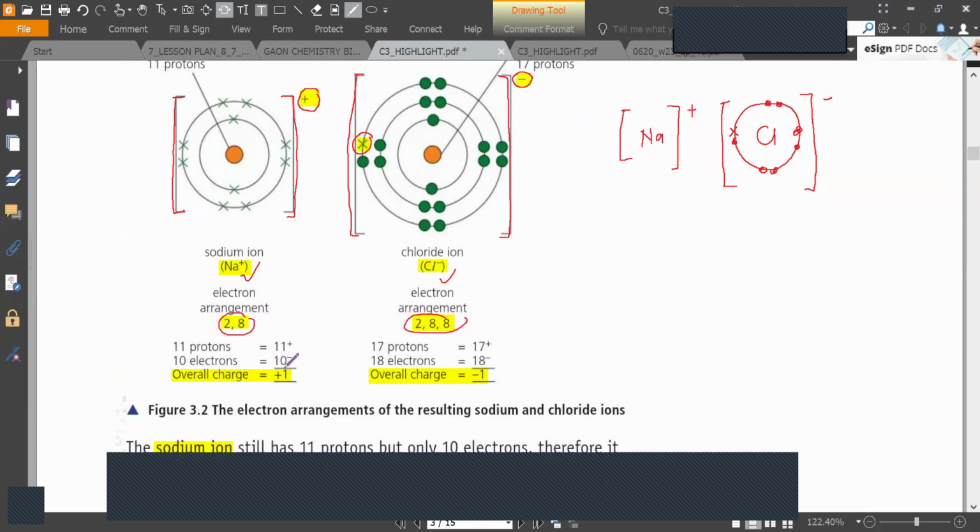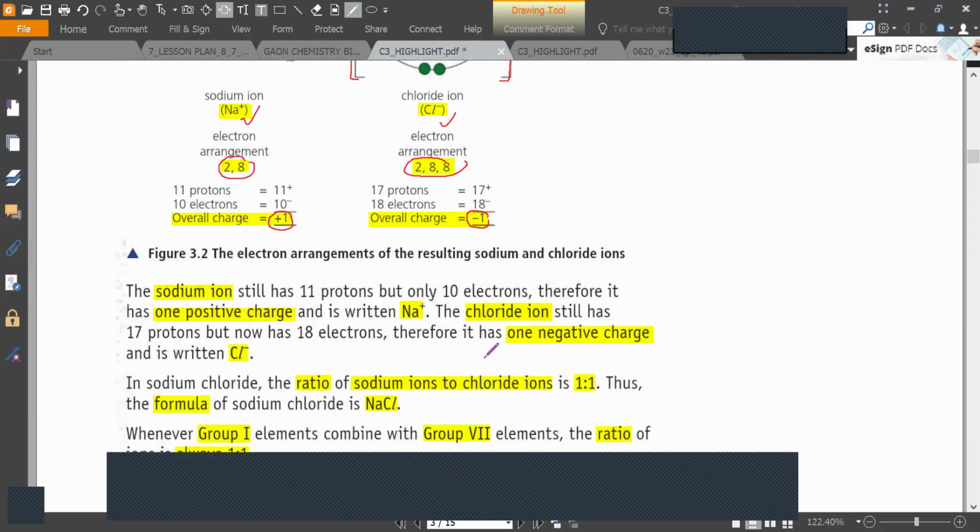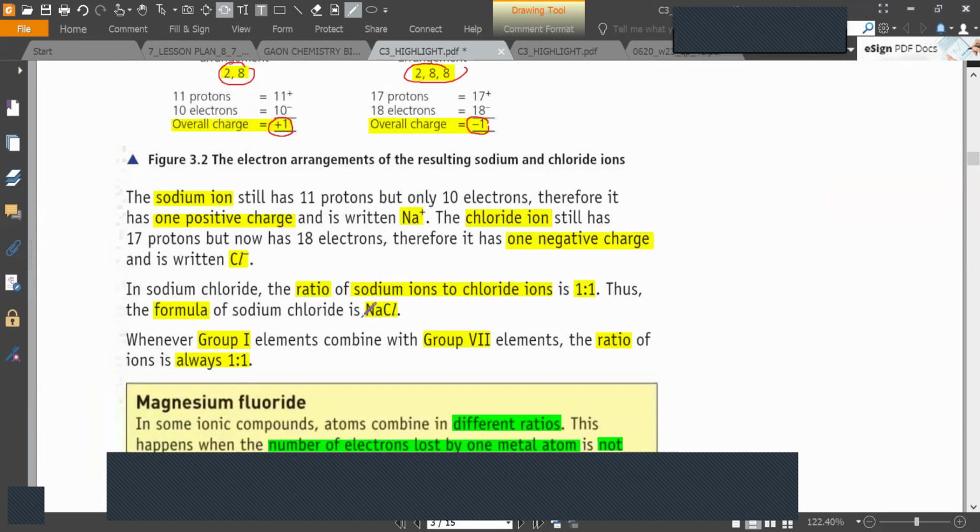So the sodium will be overall +1 charge, chlorine overall -1 charge. And then the ratio, what we mentioned just now, is always 1 sodium, 1 chlorine. Why? Because sodium is +1, chlorine is -1, so they balance out.